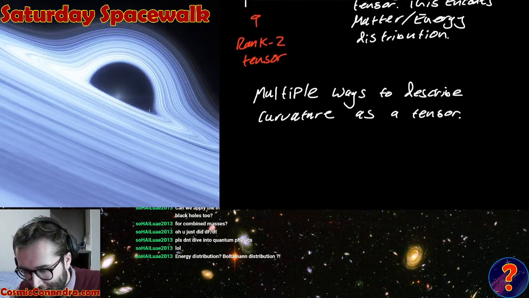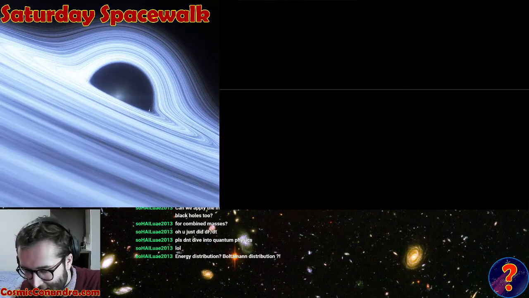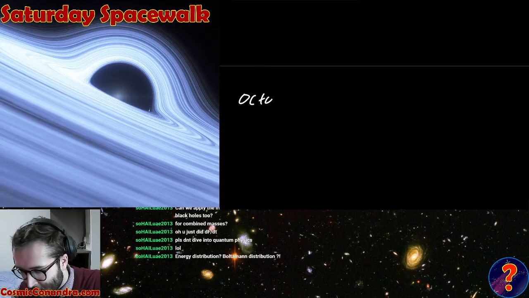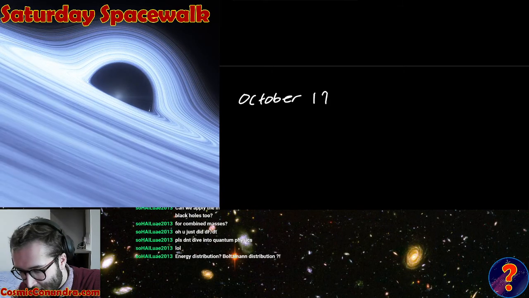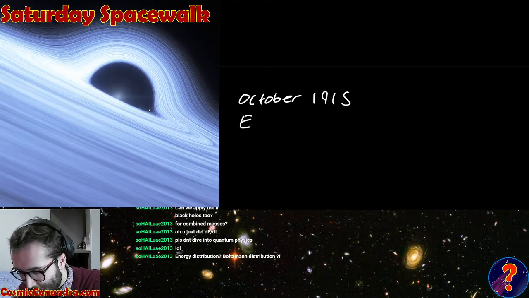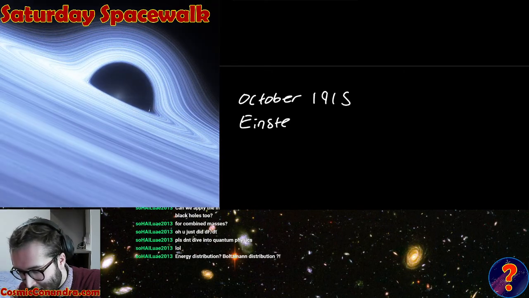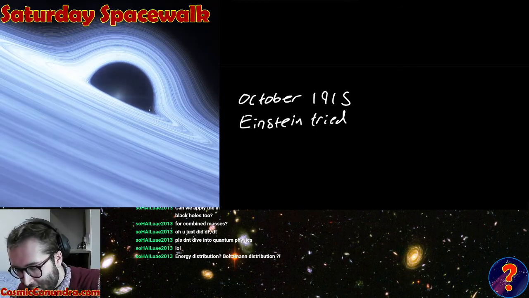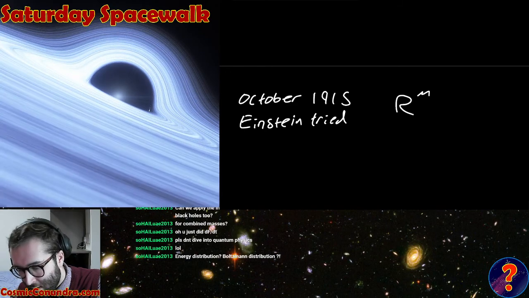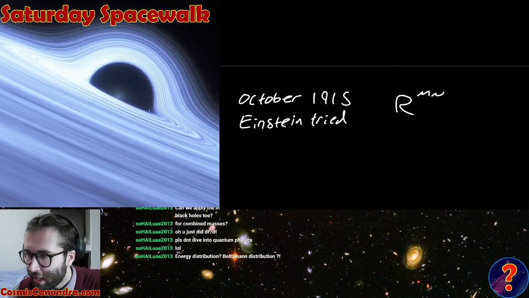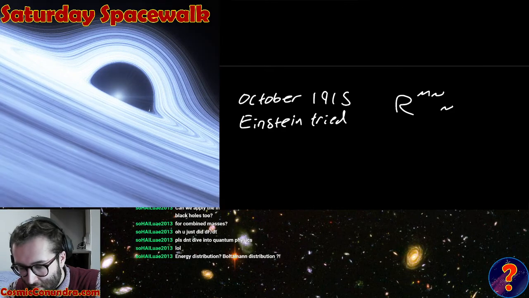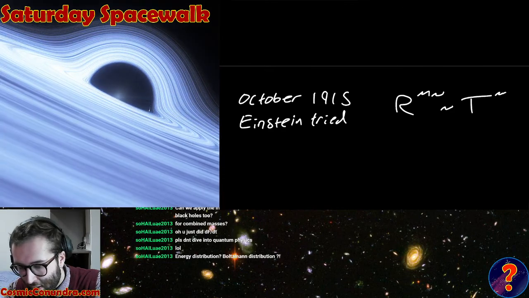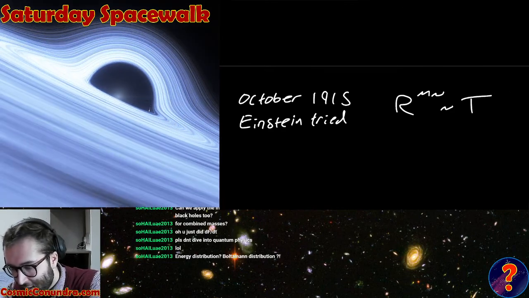The first one that Einstein tried, so I think this is October 1915, Einstein wrote down this tensor that is called the Ricci tensor, roughly equivalent to the stress-energy tensor.